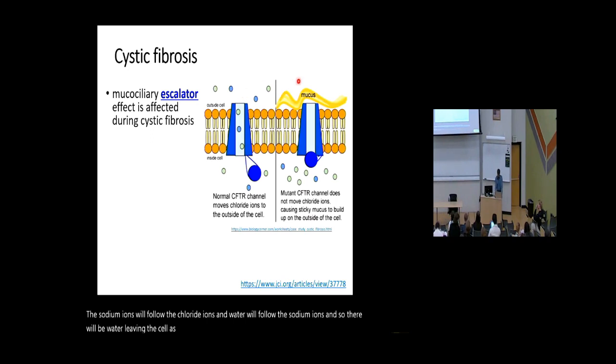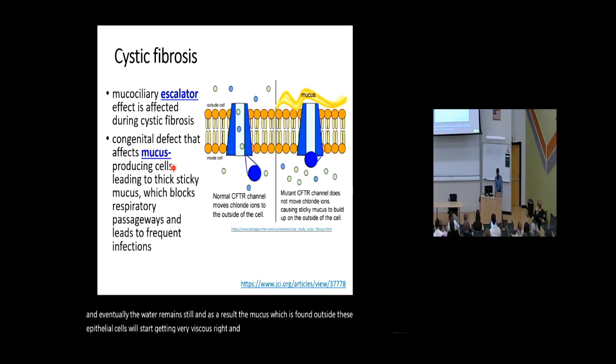But in the case of cystic fibrosis, there could be mutations to these channels, and so the chloride ions cannot leave the cell, and so the sodium ions remain, and eventually the water remains too. As a result, the mucus found outside these epithelial cells will start getting very viscous, right? As the mucus producing cells produce more viscous mucus, it becomes very sticky, and that can block the respiratory passageway.